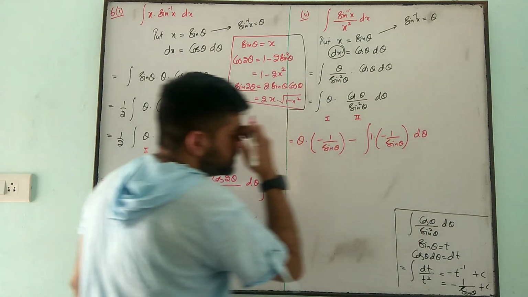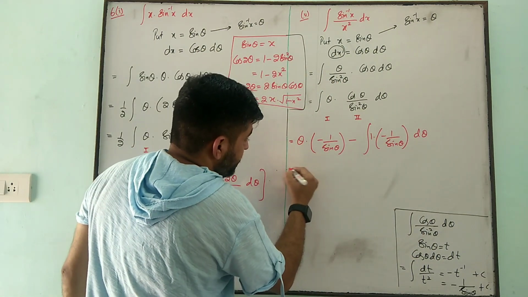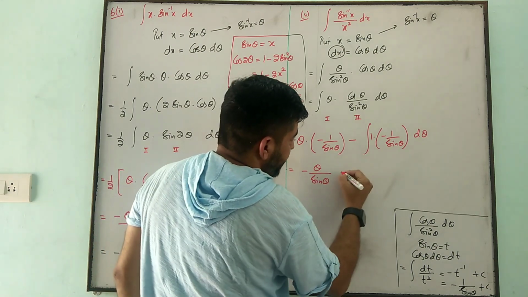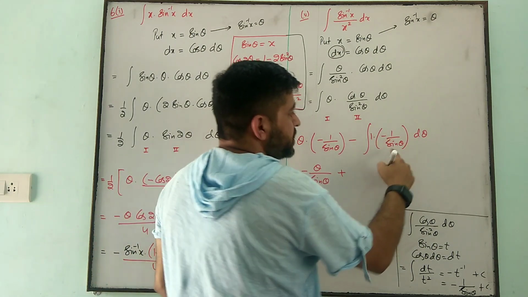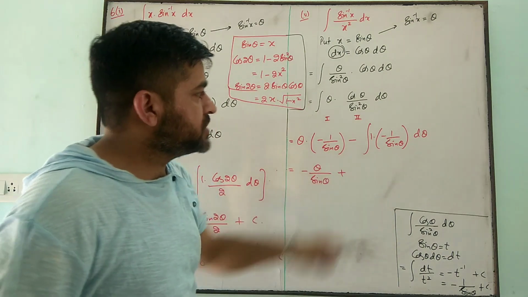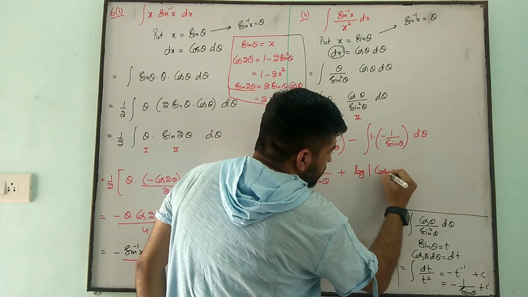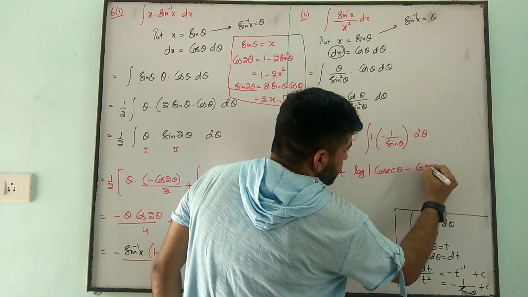Integration with respect to x. Then minus theta upon sin theta, minus minus plus 1 upon sine means cosecant. For cosecant your integration is log of cosecant theta minus cotangent theta.